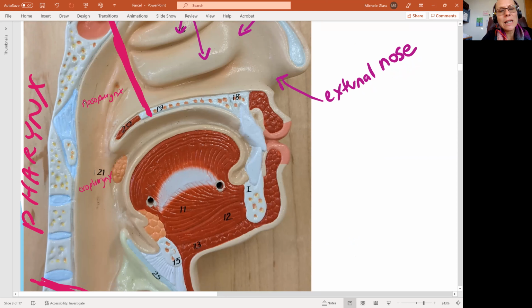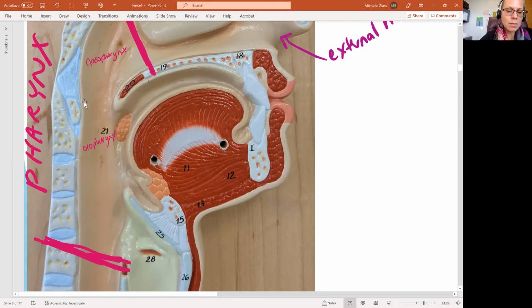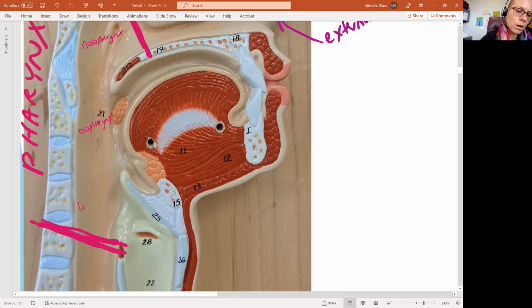And so we'll see a transition from the respiratory epithelium in the nasopharynx into that stratified squamous epithelium in the oropharynx. And then behind the larynx here, we have the laryngopharynx.